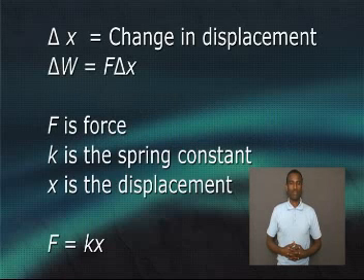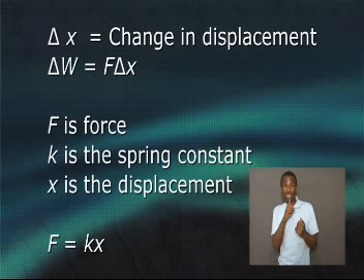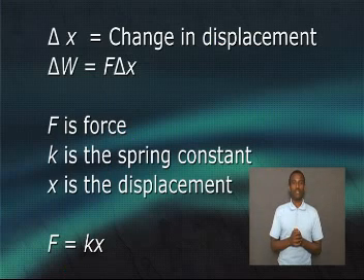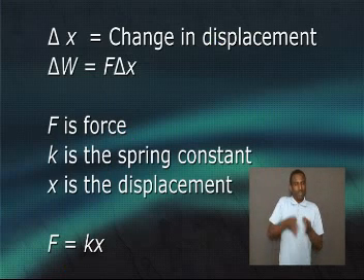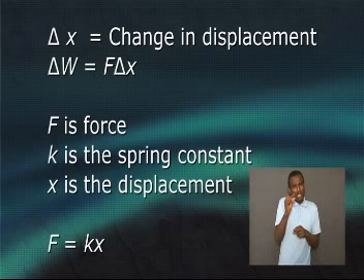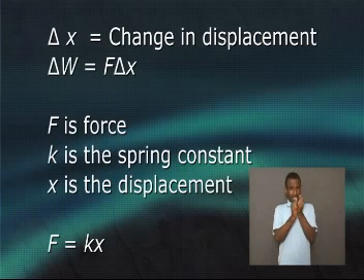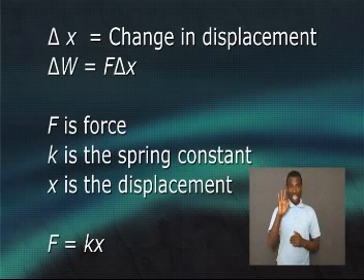In order to calculate the work done against a restoring force, we need to consider the change in x. If a mass is displaced by a small distance, delta x, the work done is given by delta W equals force times delta x.